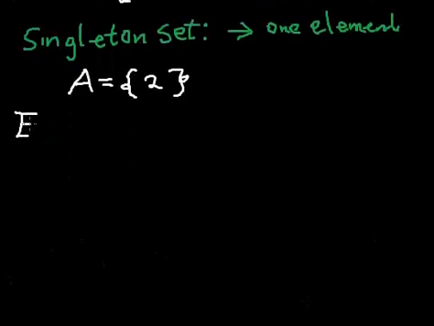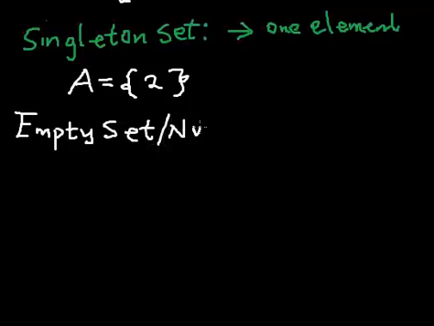The next thing we're going to look at is the empty set. Now, an empty set is a set that doesn't have any element. You can call it an empty set or a null set. It doesn't have any element inside of it.